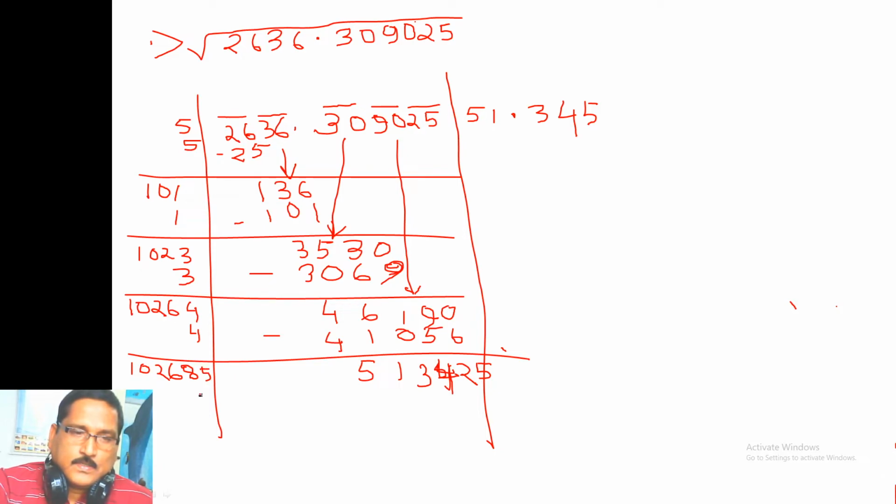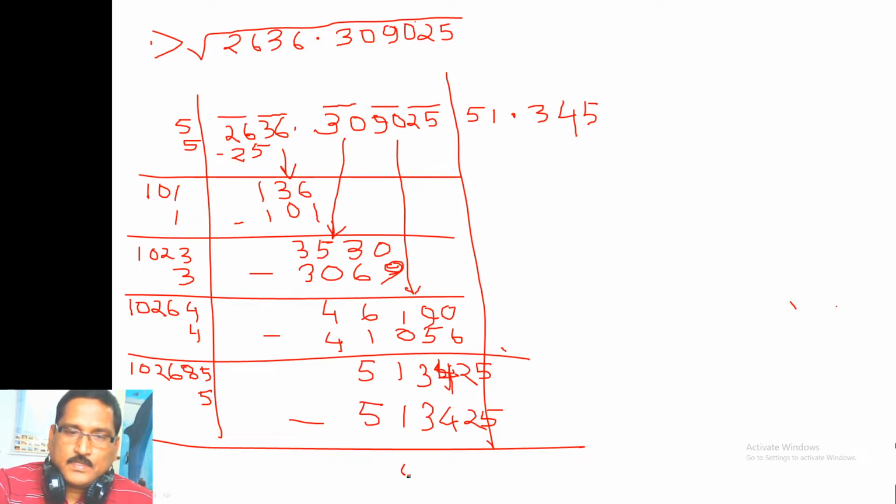Multiply it. So 5 5s are 25, 5 8s are 40 plus 2, 42, 5 6s are 30 plus 4, 34, 5 2s are 10 plus 3, 13, 3, and 5 1s is 5. So after subtracting I am getting 0.